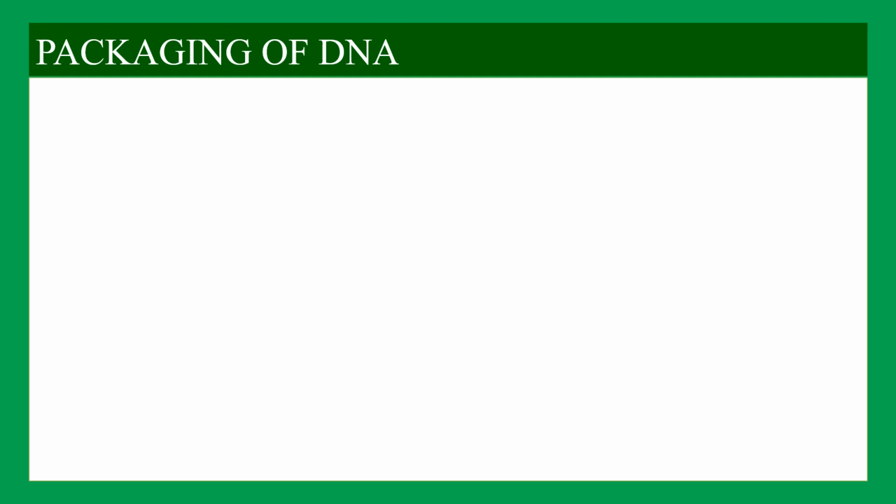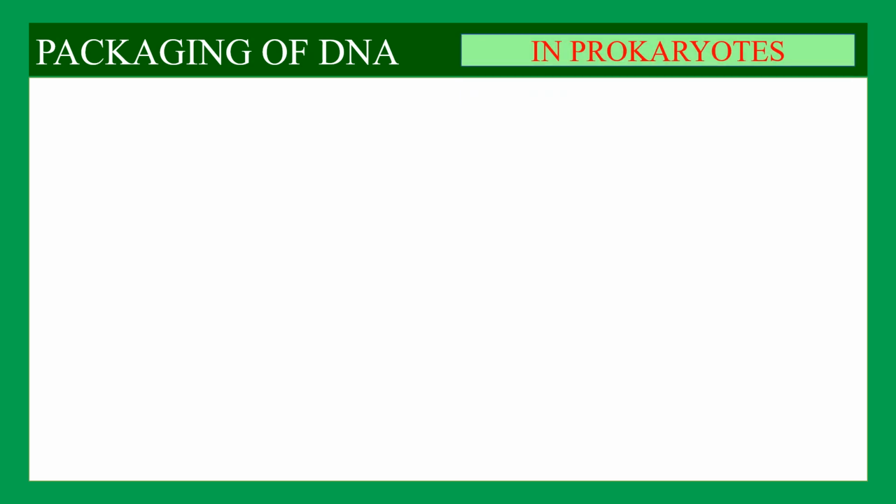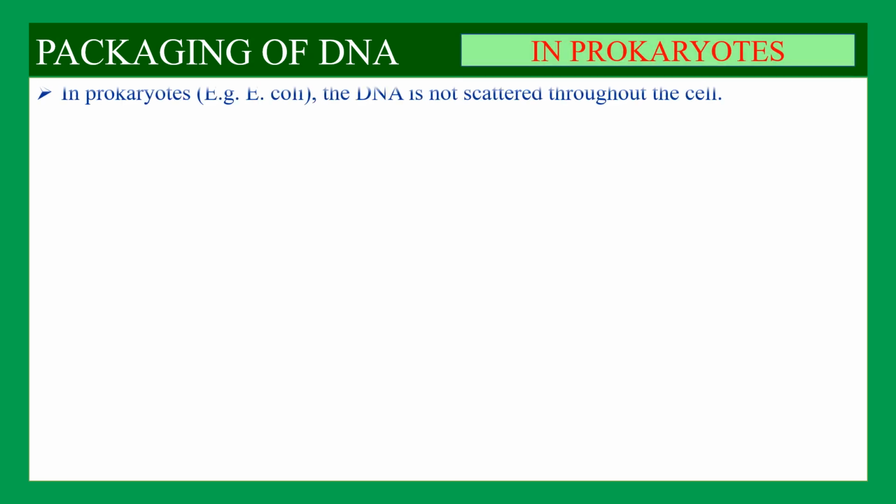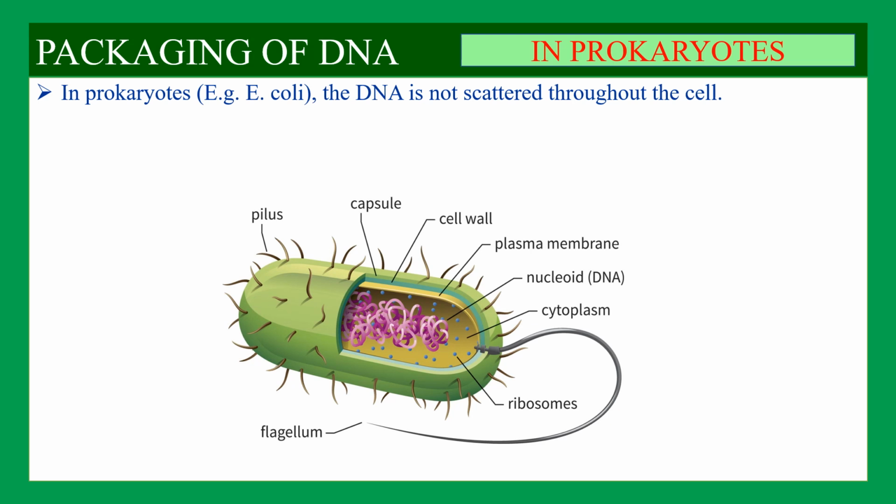First, we'll discuss packaging of DNA in prokaryotes. Prokaryotes means primitive nucleus, primitive karyotes. That means the DNA is directly scattered inside the cytoplasm.